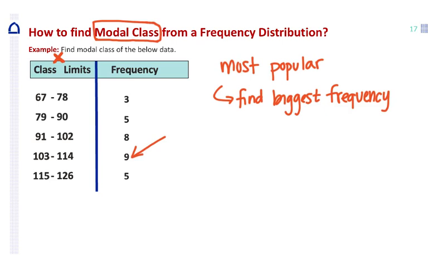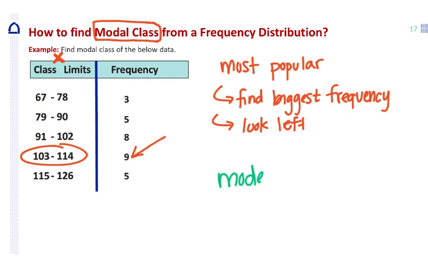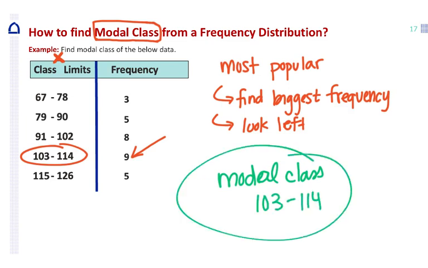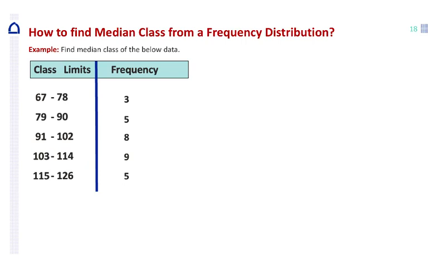That means the most people, whatever we were measuring, maybe how fast people were driving, were in this category, 103 to 114. So you find the biggest frequency, you look to the left to find the modal class. In this case, we would say the modal class is 103 to 114.